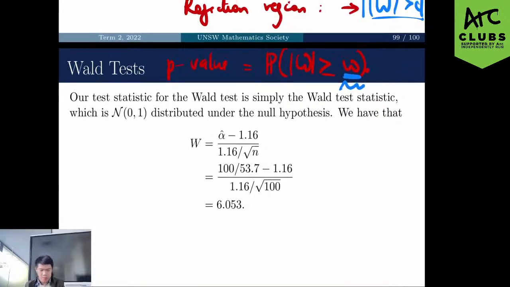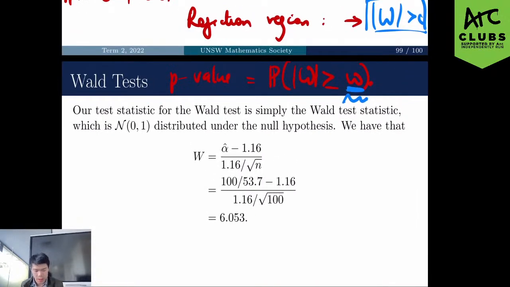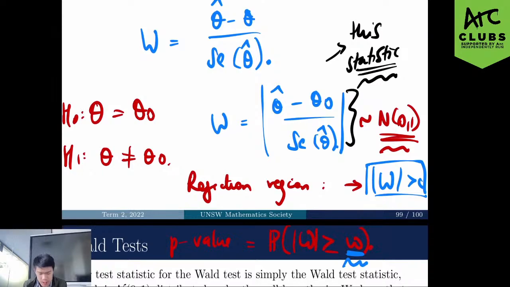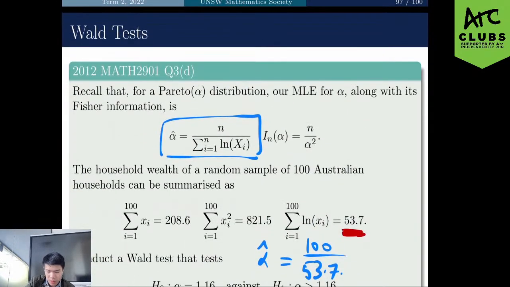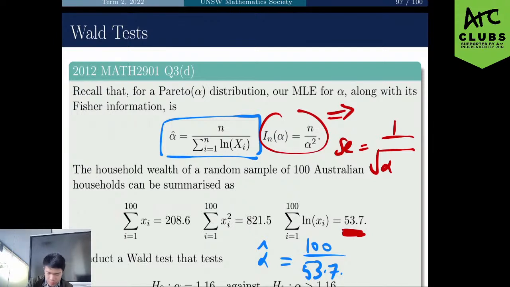Okay. So in this example, our Wald test statistic is equal to alpha hat minus 1.16, over our standard error. Because we've got the Fisher information here, the standard error is the reciprocal of the square root of that, which is 1 on the square root of the Fisher information, which is equal to alpha on root n.